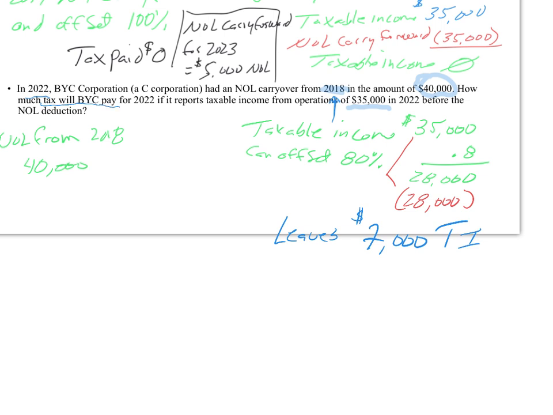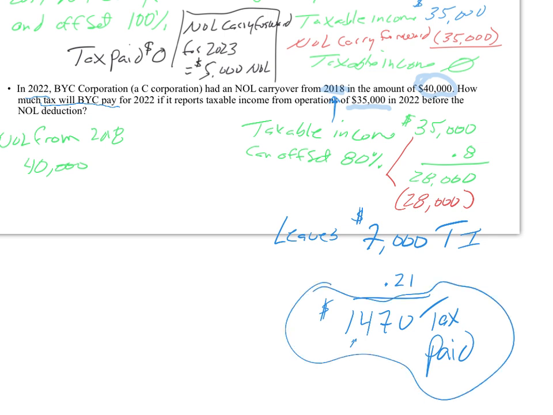So we take that 7,000 by 21% because that is our corporate tax rate. So 7,000 times 0.21, so we pay $1,470 in taxes, all right?